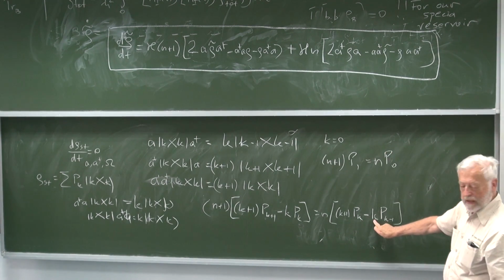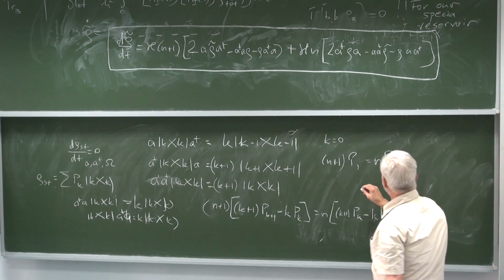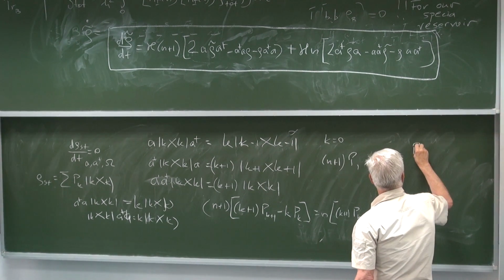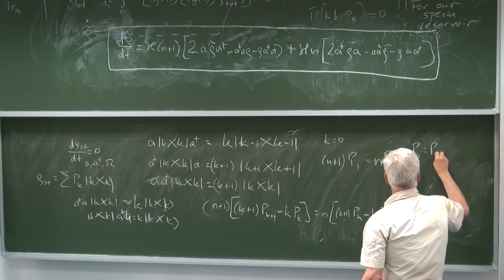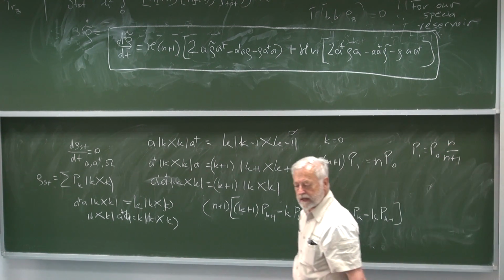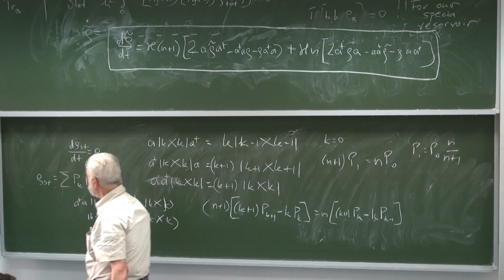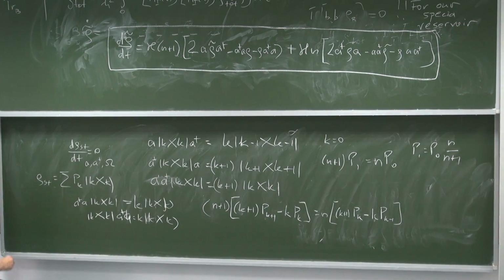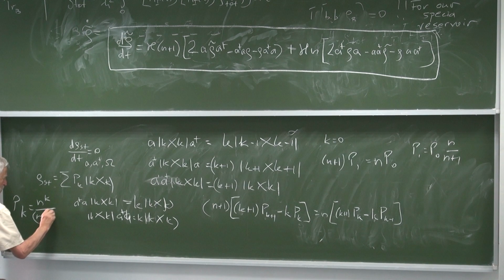And this fellow for k equals 0 is 0. So from here I get that p1 is equal to p0 times n divided by n plus 1. That's a good sign. You remember, in the thermal state, p_k was n to the kth power divided by (n+1) to the power k plus 1, yes?